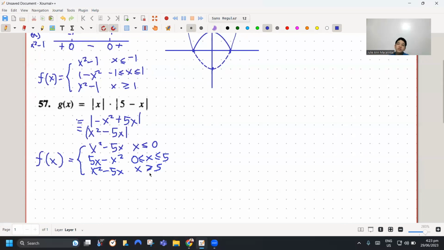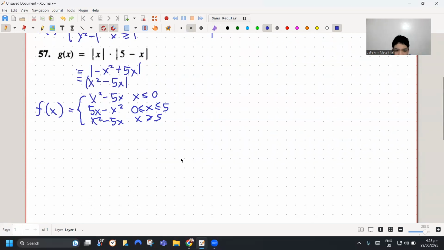Okay. Ngayon, anong maximum nung 5x minus x squared? How do you get that without doing the first derivative test?